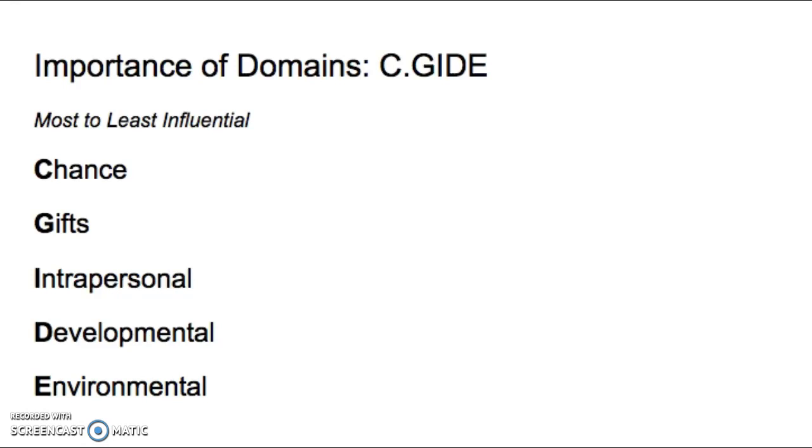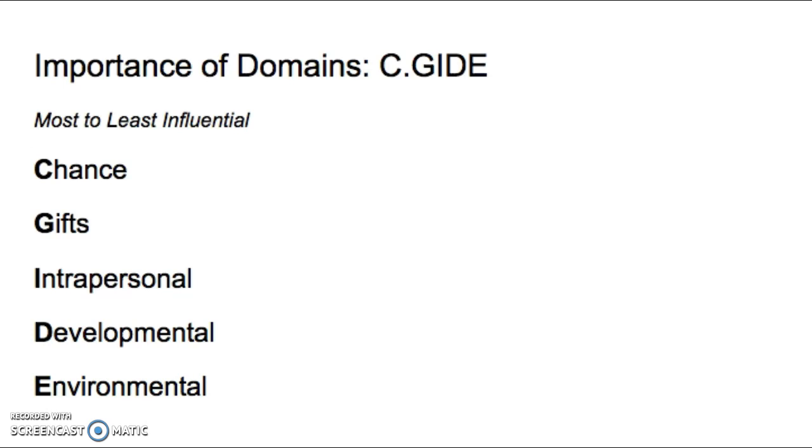So the importance of the domains that we just discussed, there's an acronym that is pronounced CGIDE. And so it is the most to least influential parts of one developing their giftedness or talent, or I guess the chance that they would be gifted or develop talent.